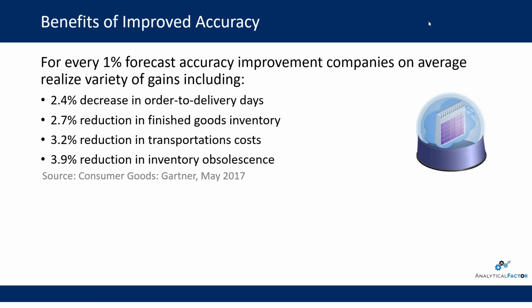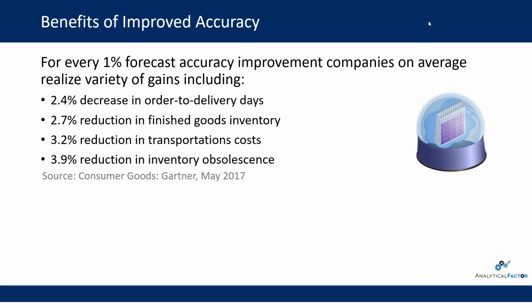When we talk about forecast accuracy, everyone says, yes, I want to have high accuracy, my accuracy is great. But when you start talking to people about why it is important to have good accuracy, or what the impacts to your business are when you improve your accuracy, that gets fuzzier. We've done some research, it's kind of our bread and butter, and I want to share some information with you.